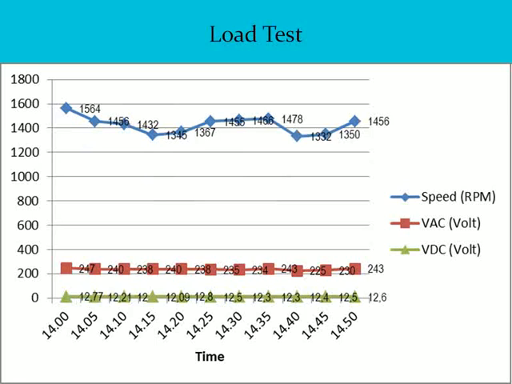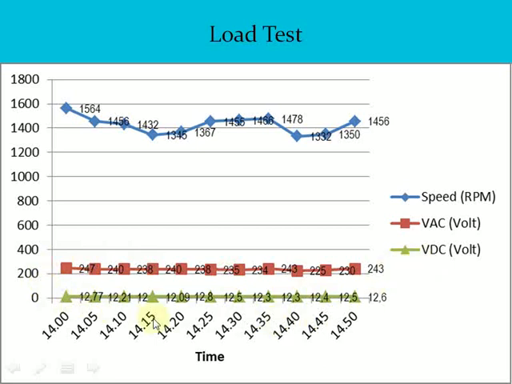Okay, we continue with the load test. Like the no-load test, we also have three series here. This is for the speed, this is for VAC, and this is for VDC. We focus here on the result of the VDC.